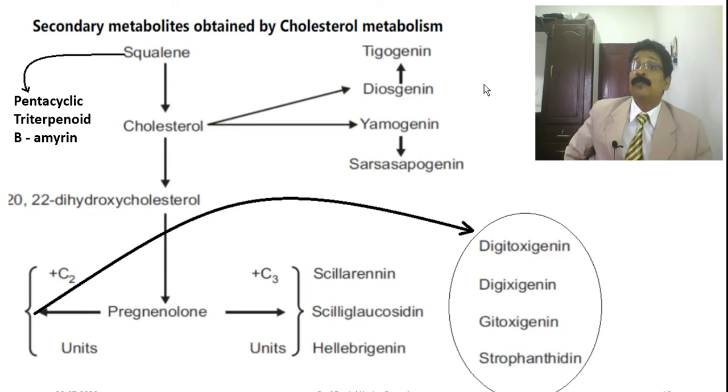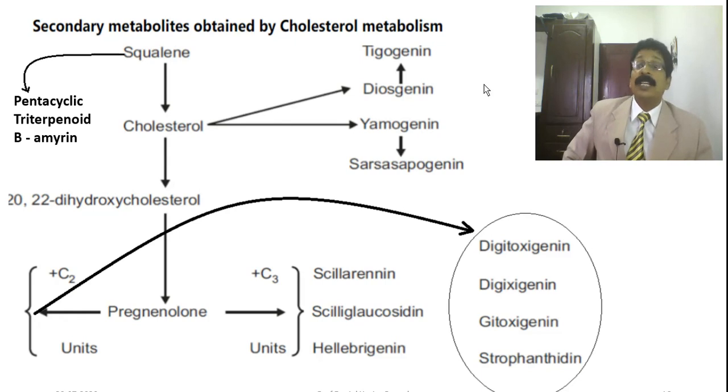This 20,22-dihydroxycholesterol is then converted into pregnenolone. The pregnenolone structure, and cholesterol too, was already shown in your previous classes. You can just refer to that.